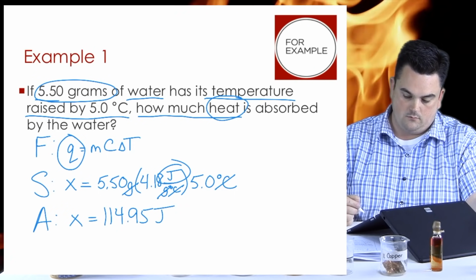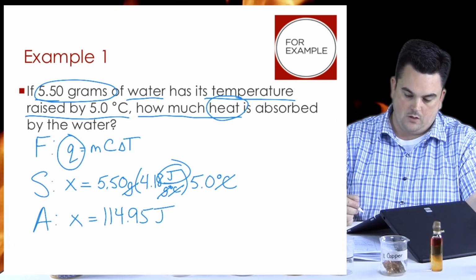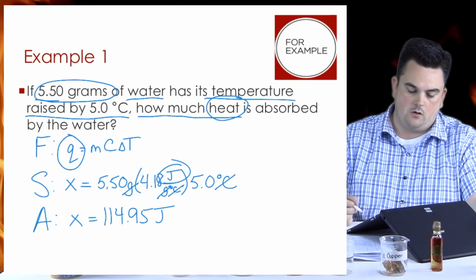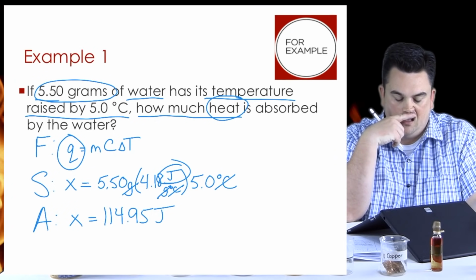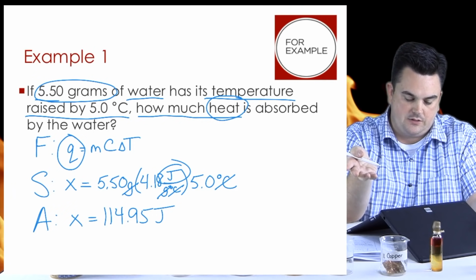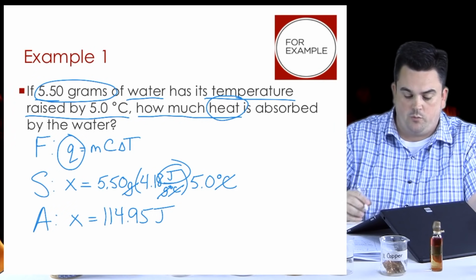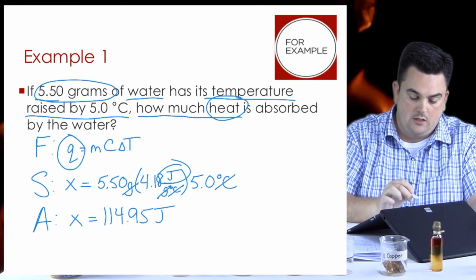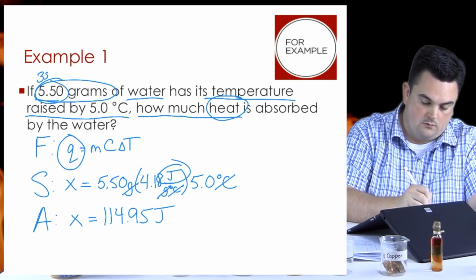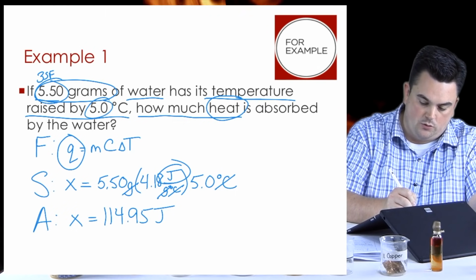Now we do have to apply the proper sig figs. Okay. So how do I do that again? Well, we're multiplying, so we want the least number of sig figs. Let's go back to the original problem. All right, so the data I have is 5.50 grams and 5.0 degrees Celsius. So this one is 3 sig figs, and this one's 2, actually.